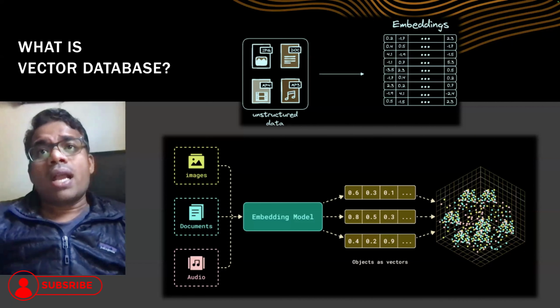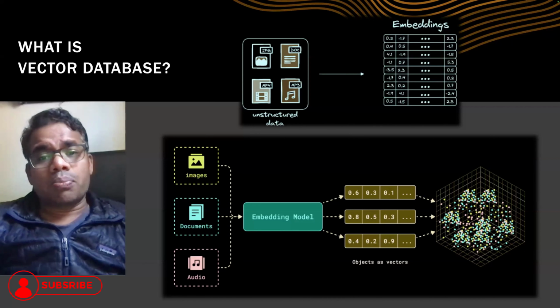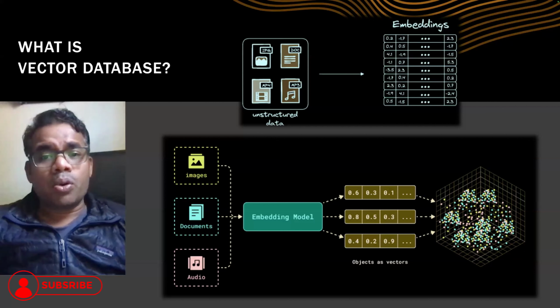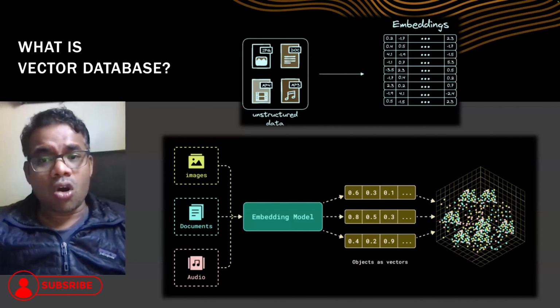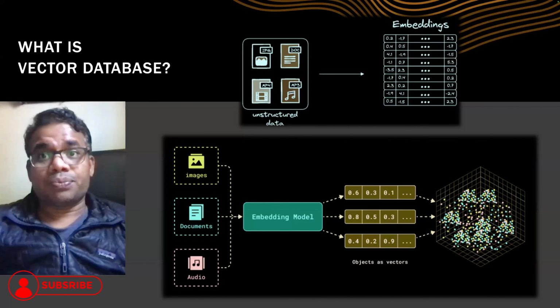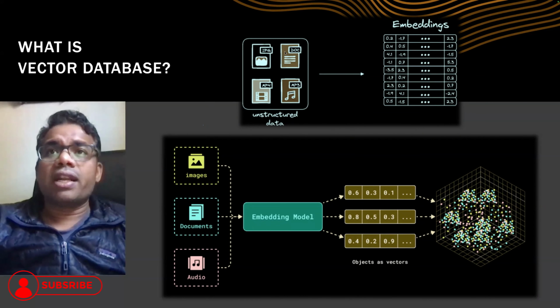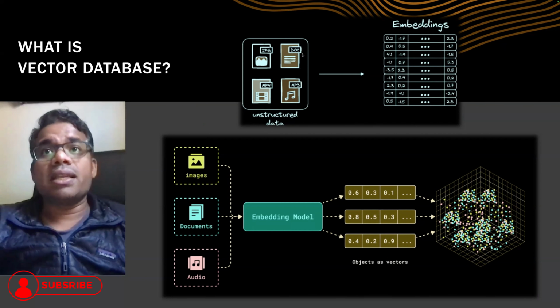While we are talking about the vector database: simply put, a vector database stores unstructured data, like text, images, audio or video, in the form of vector embeddings. Here we have different kinds of documents available: JPG documents, Word documents, MP3 files, video files.